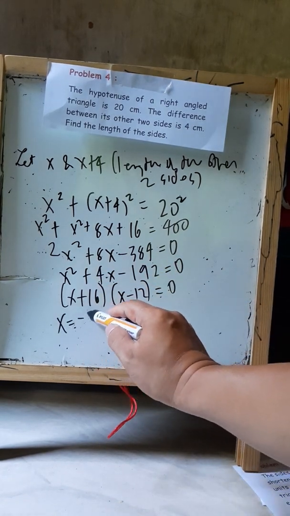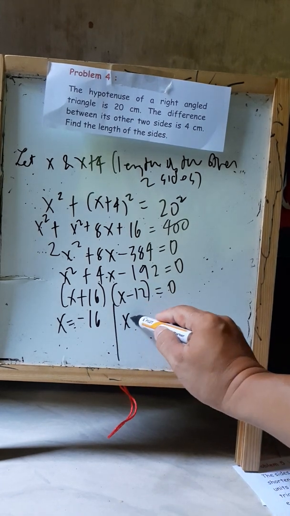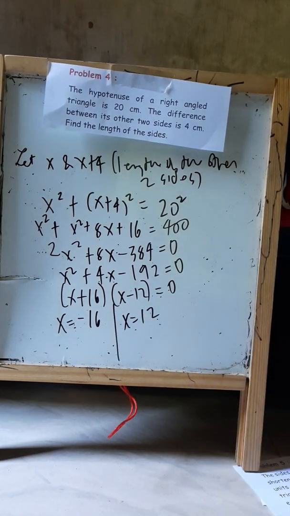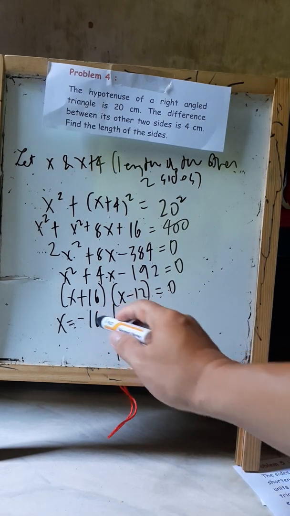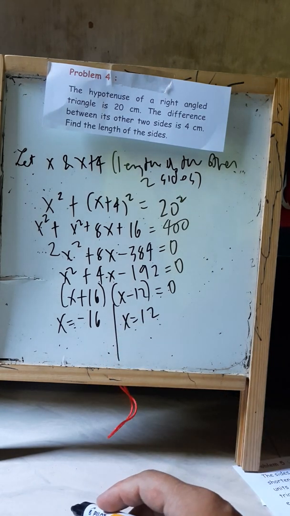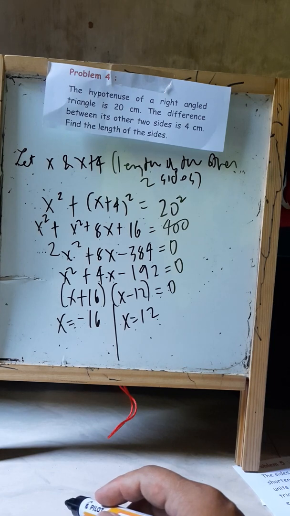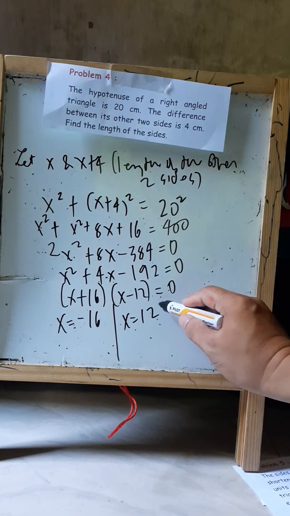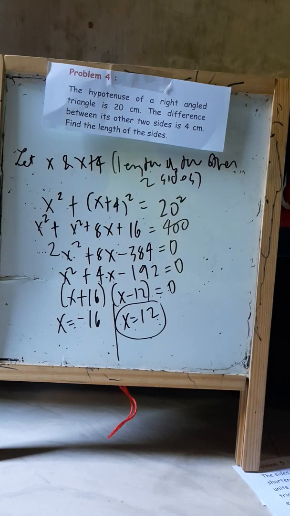So the values of x are negative 16 and positive 12. We cannot accept negative 16 as a length because we do not have a negative length for the legs of the right triangle, so we only accept the positive one, which is 12.